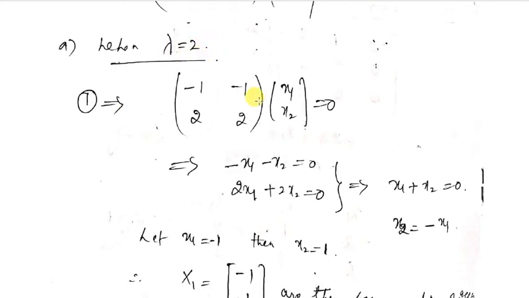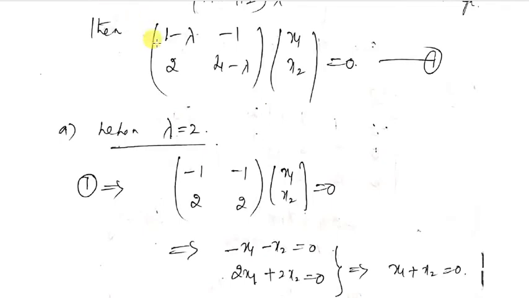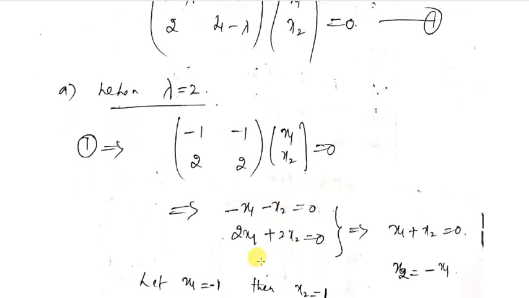Putting this value of lambda in the matrix equation 1, we get the matrix equation as 1 minus 2, minus 1, 2, 4 minus 2, that is 2, times x1, x2 is equal to 0.